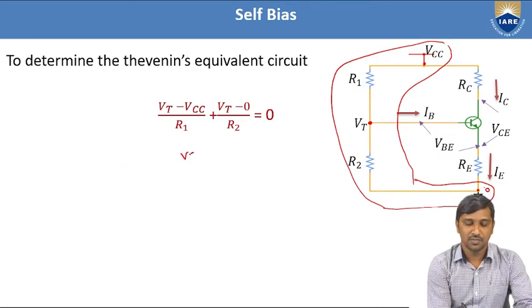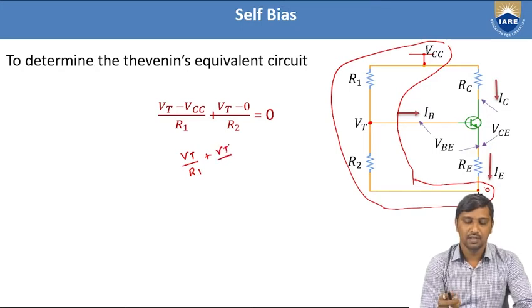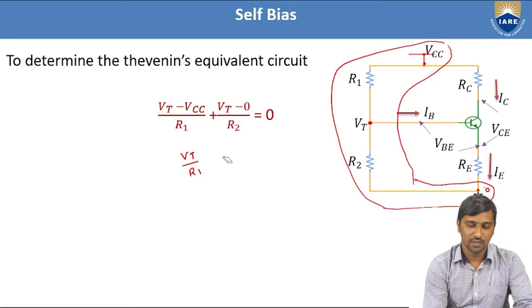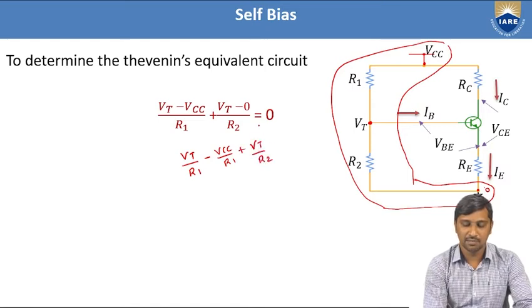How to write this term? This is Vt by R1 minus VCC by R1 plus Vt by R2 minus 0 by R2. Something, 0 by something, is 0, that is equal to 0.